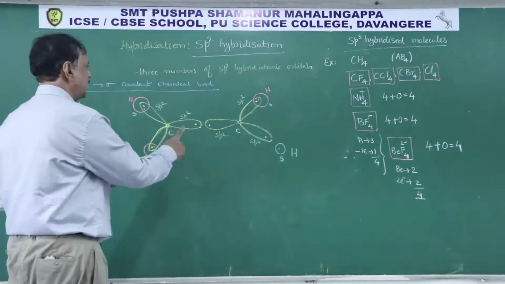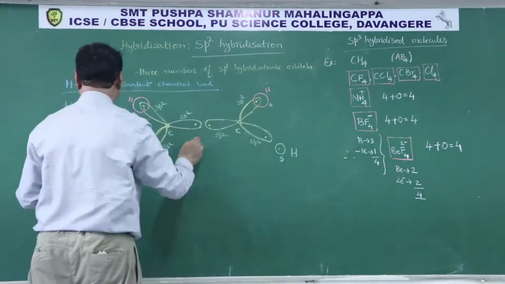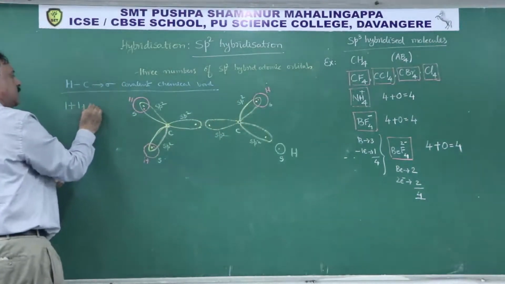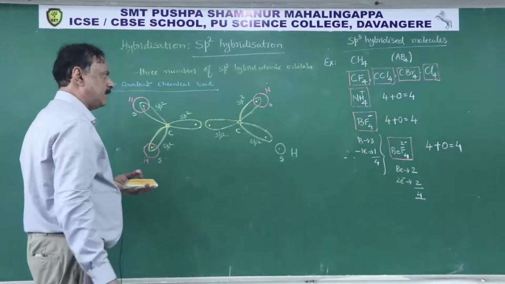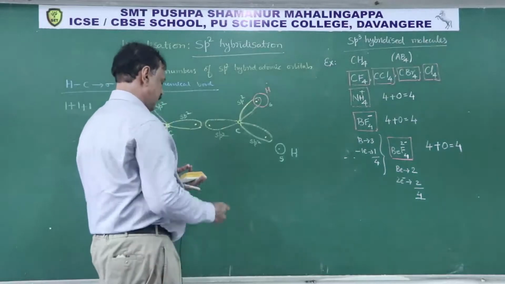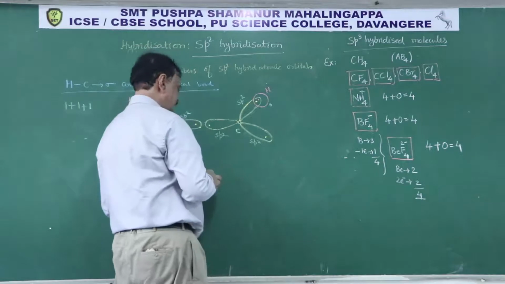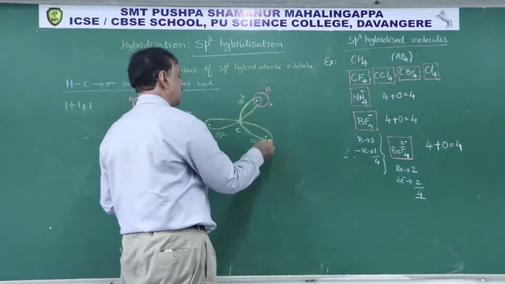Therefore, here again s-sp2 overlapping leads to the formation of one more sigma covalent chemical bond. This is called a carbon-hydrogen sigma covalent chemical bond. Now we have one more sp2 hybrid atomic orbital here. It seeks one more electron for covalent chemical bond formation.